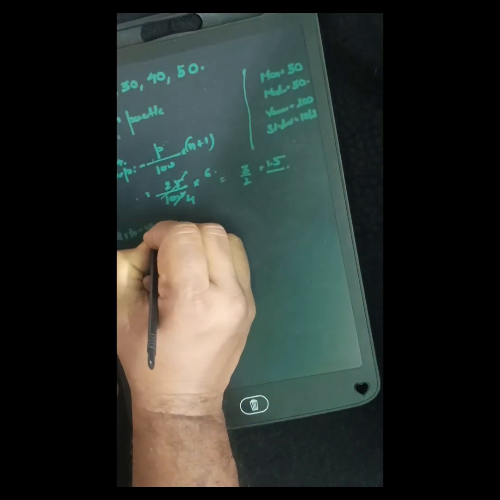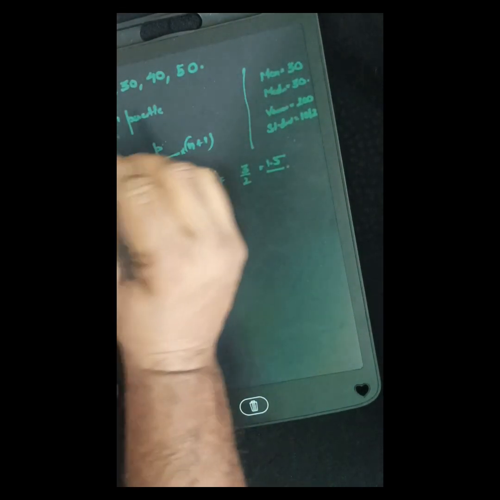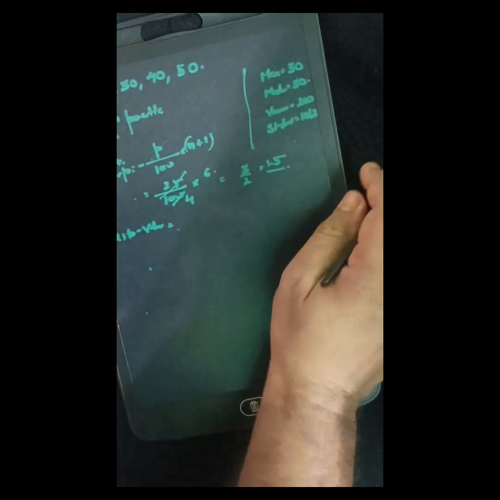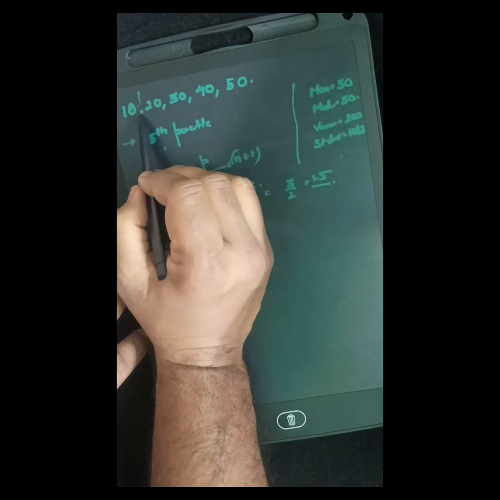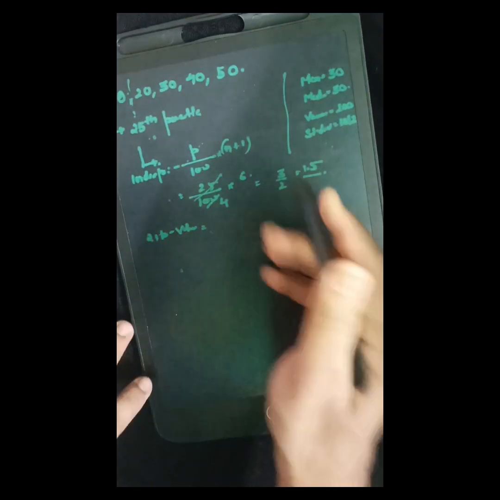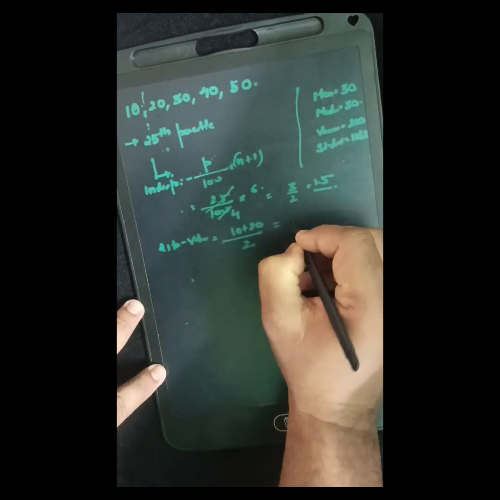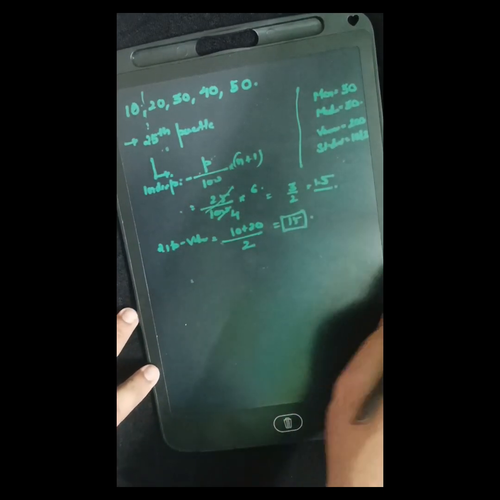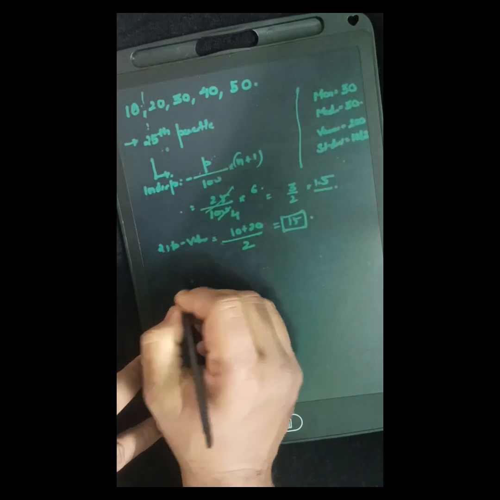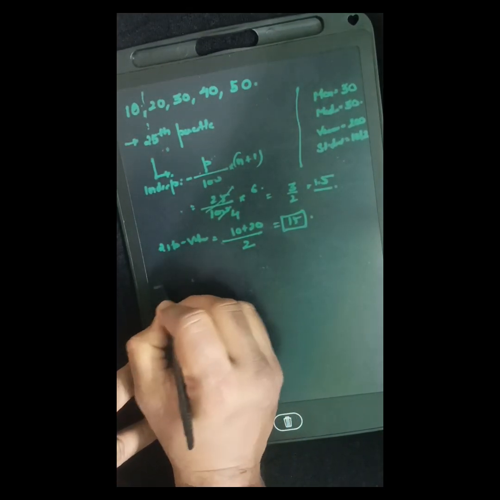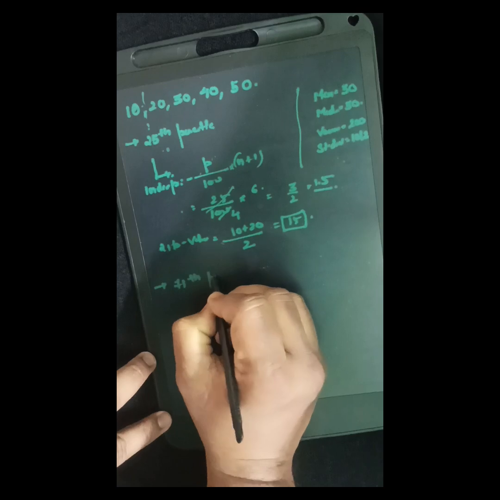The 25th percentile value is somewhere here. It would be 10 plus 20 by 2, that is 15. This is the 25th percentile value. And now let's calculate the 75th percentile value.